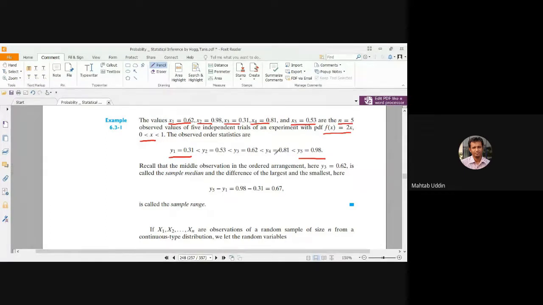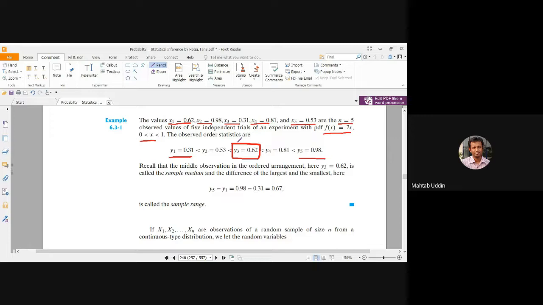Now you can assume we are starting from 0.31 and we have to end at 0.98. Now anyone can ask you, tell me which one is in the middle. You can see Y1, Y2, Y3, so Y3 is the middle, which is 0.62.